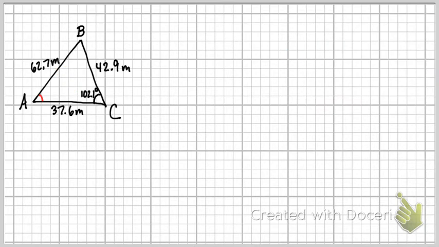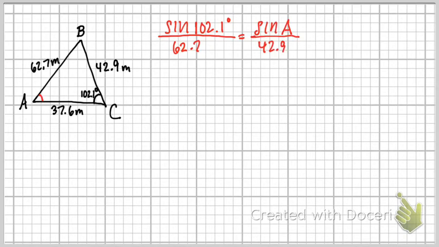So now we need the law of sines. So we're going to use the sine of 102.1 degrees over 62.7, and that's going to equal sine of A over 42.9.